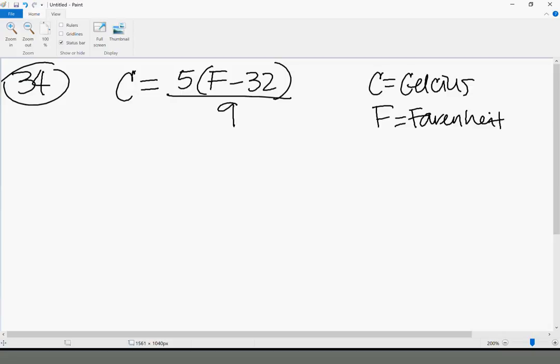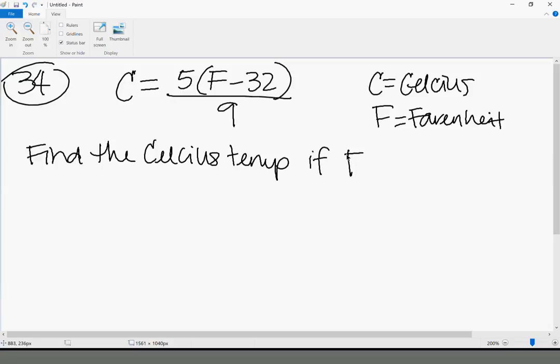And so this question wants you to find the Celsius temperature if the Fahrenheit temperature is 59 degrees.